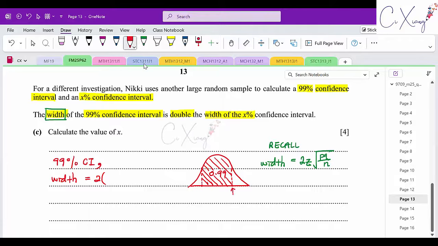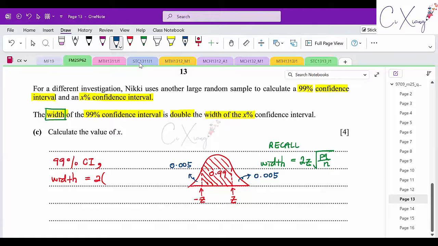This will be the value of the Z. This value will be negative Z. And what is the area for this one? So you take 1 minus 0.99, then divided by 2. So you have 0.005. Then this one is also the same, 0.005. So 0.99 plus 0.005 plus 0.005, you get the total area 1.